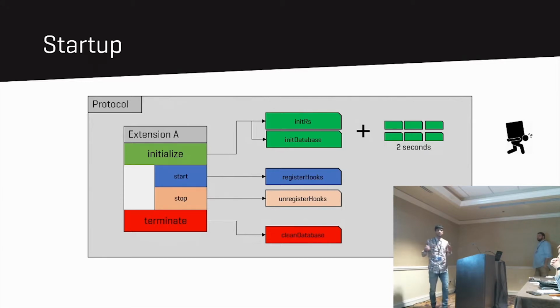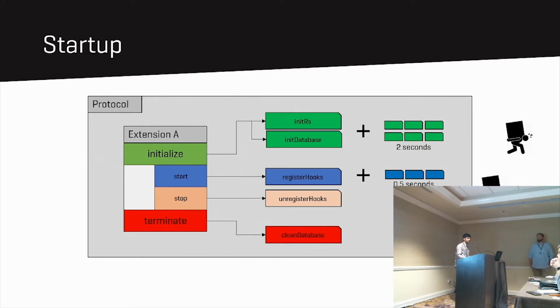So that adds a few seconds to your initialization process. And the same behavior trickles down to the start method and the other methods as well. This is not a significant change in terms of your extension. If you end up adding 2 seconds maybe to your extension, it's not the end of the world. It's still fairly fast. You don't really see a lot of downsides to it.